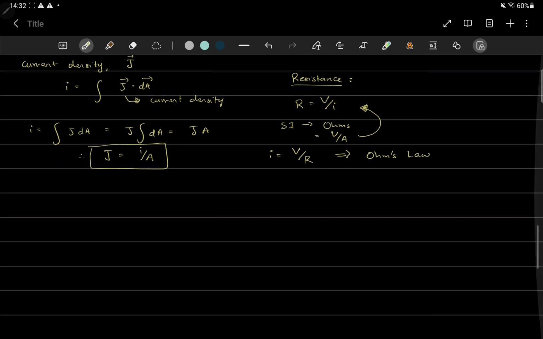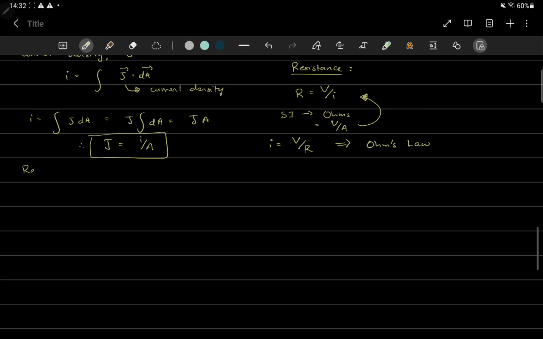Now, furthermore, you can define the resistivity of a material, and it depends on how much current it can make flow, right? So in that case, this is related to the current density, and it is defined as the following, which is the electric field divided by the current density.